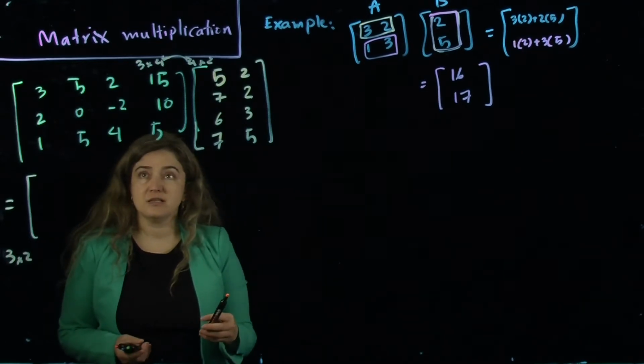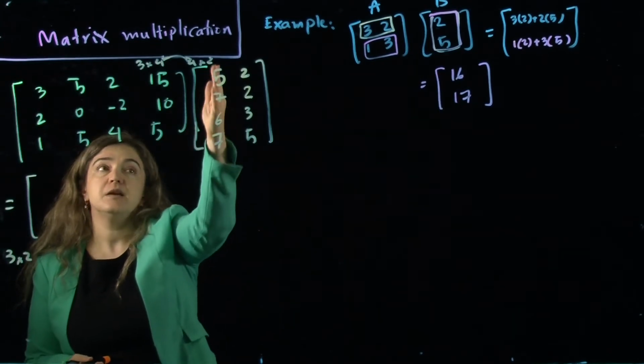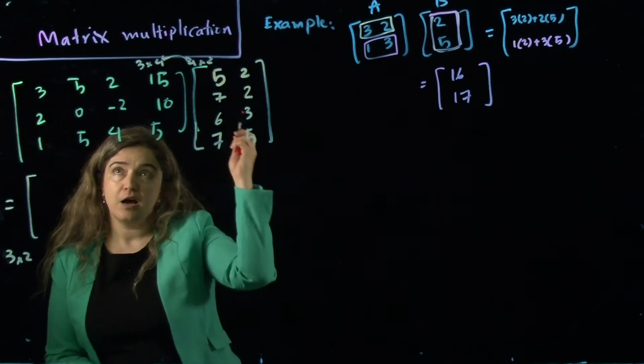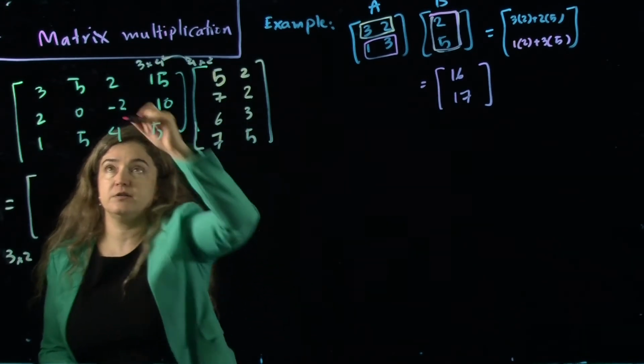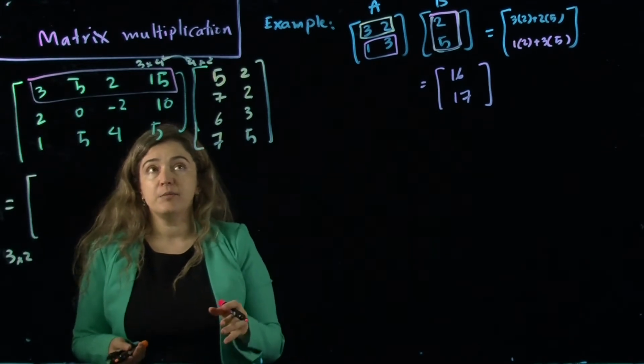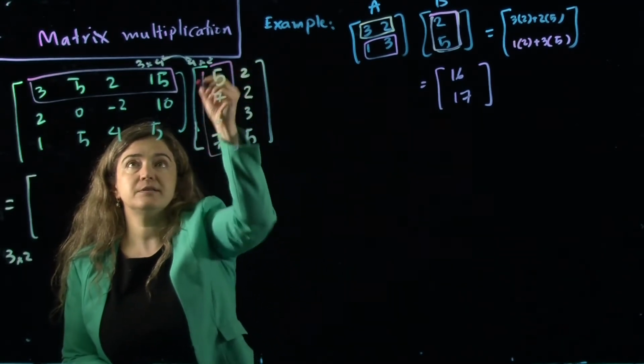As we discussed, we choose rows of the first matrix and multiply by columns of the second matrix. I start with row 1 first. Row 1. How many columns do I have? 2 choices. Start with the first choice.